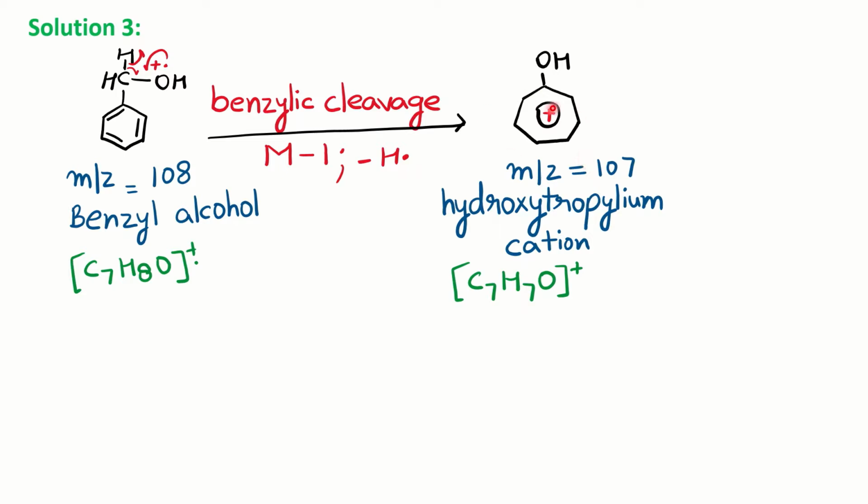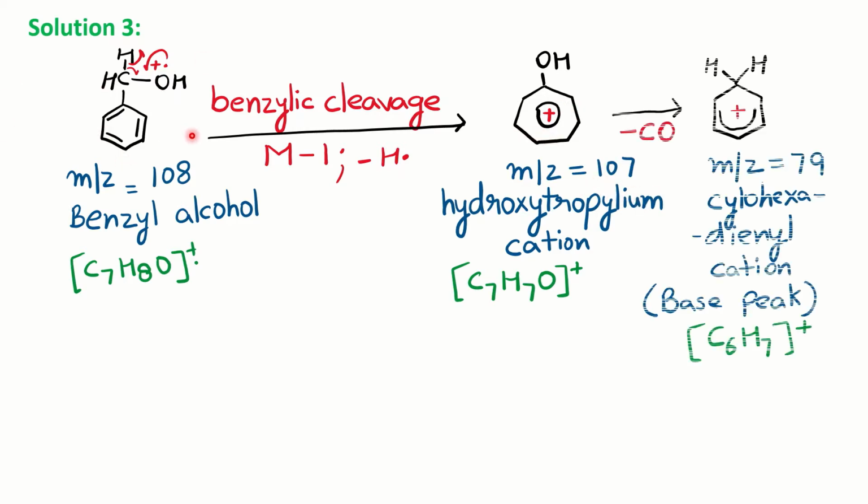So we can form the tropylium, that is a 7-membered aromatic ring bearing a positive charge, tropylium cation. Hydroxytropylium, because you have the OH group on it. So this is C7H7O plus and the mass is 107. So we have justified the structure of 107 from benzyl alcohol.